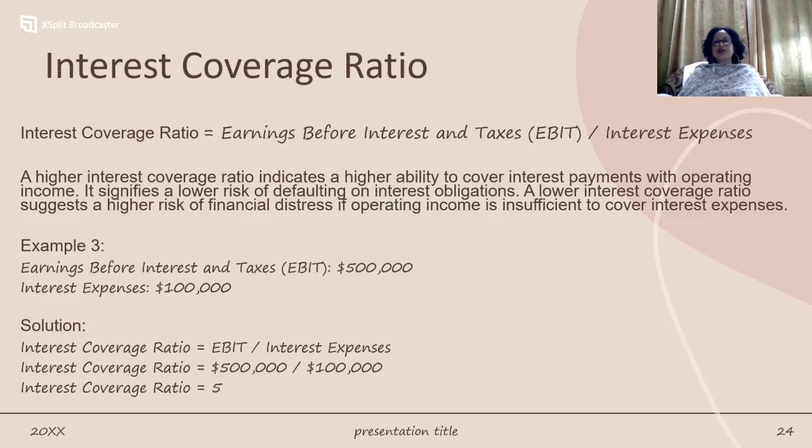A lower interest coverage ratio suggests a higher risk of financial distress if operating income is insufficient to cover the interest expenses. Example has been given, earnings before interest and taxes is 5 lakh, interest expenses is 1 lakh. Solution, interest coverage ratio is equal to EBIT by interest expenses, which is 5 lakh by 1 lakh. So, obviously the interest coverage ratio comes as 5.